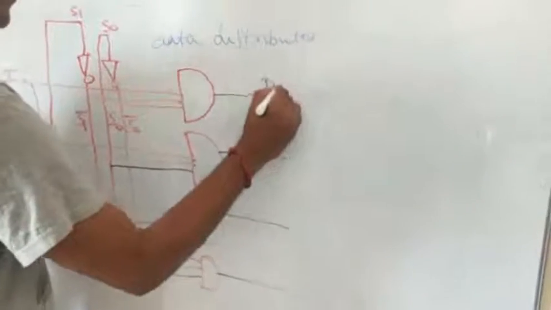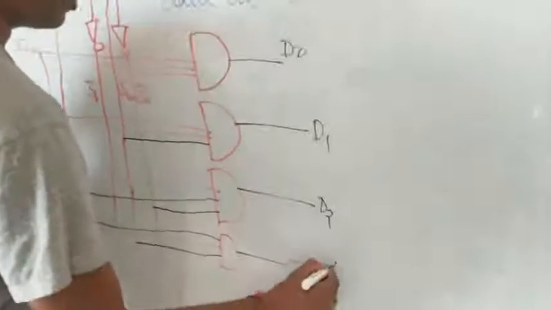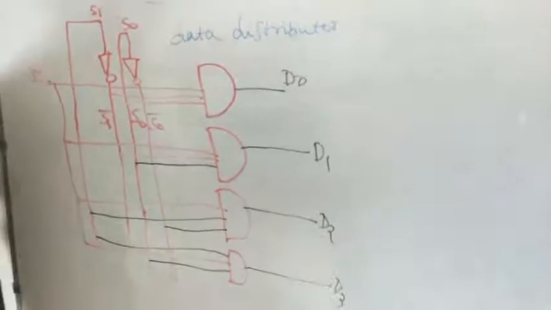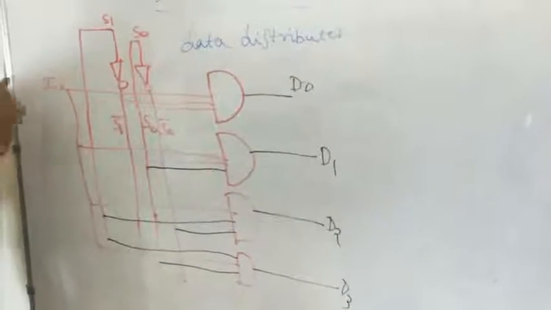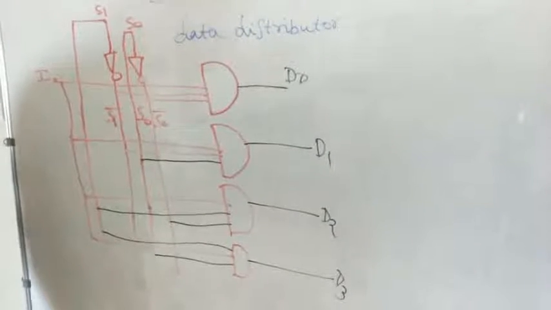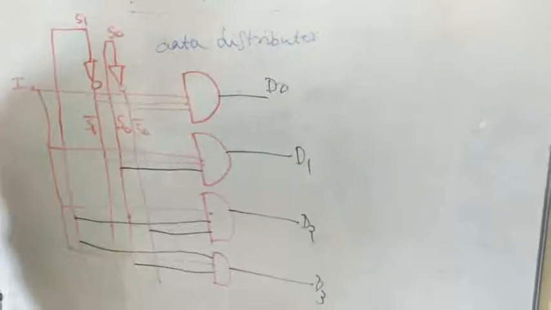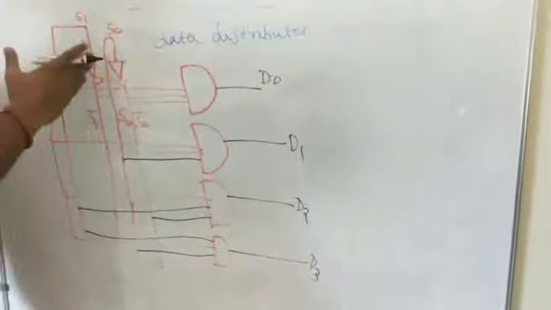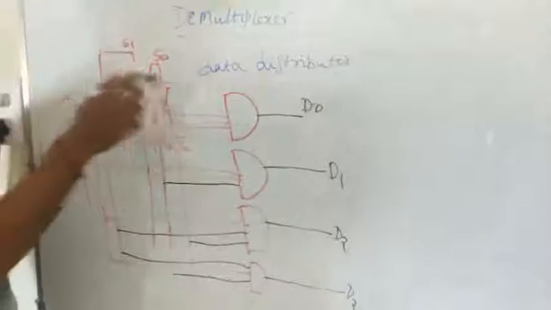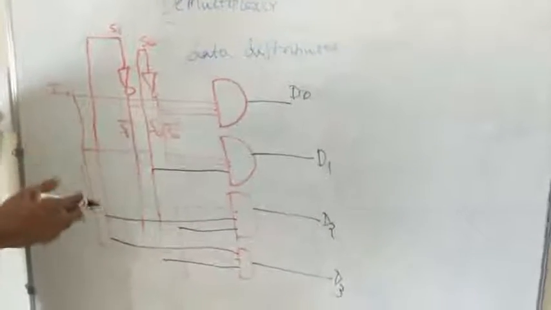So D0, D1, D2, D3. Once again I am explaining it. The single data input is connected to all the 4 AND gates. Then S1 and S0 act as selection inputs. These 2 selection inputs decide whether I should go through D0 or D1 or D2 or D3.